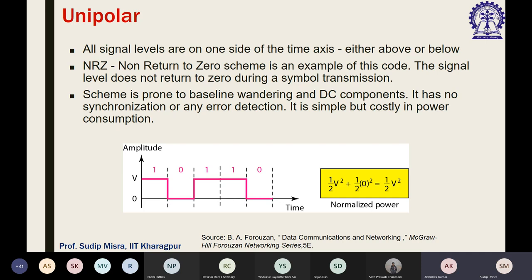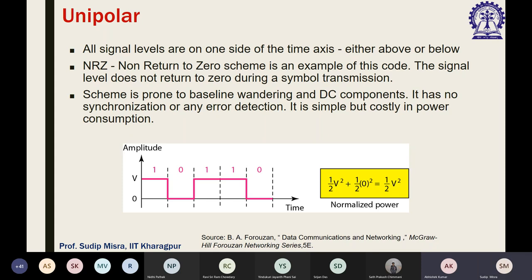It is simple to implement, but it is costly in terms of power consumption. Average normalized power consumption is half of V square, so it is more costly in terms of power consumption. It's a factor of V square.